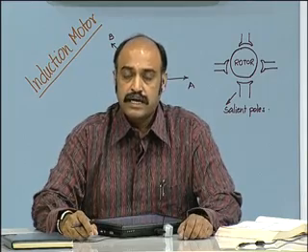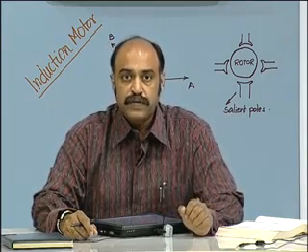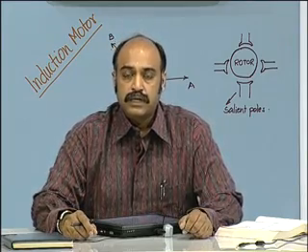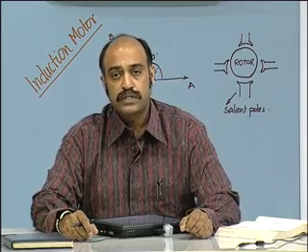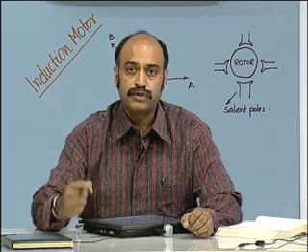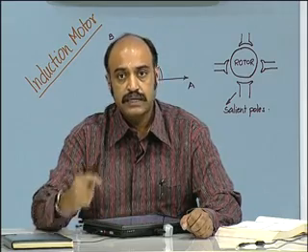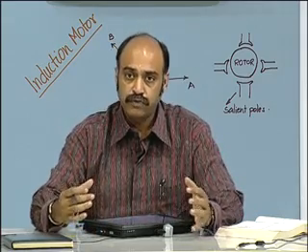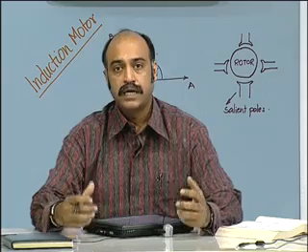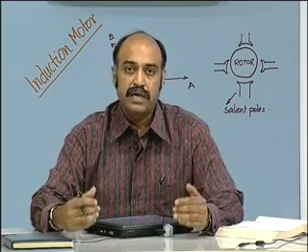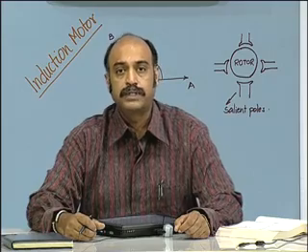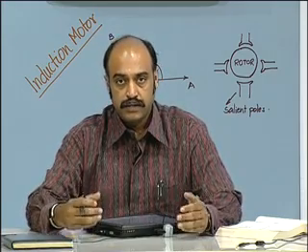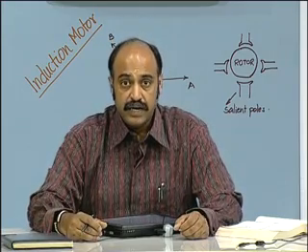And because there is a current in the rotor conductors and there is a field in the machine, by virtue of the Lorentz law, that is force is equal to BIL, there is a force induced on the rotor conductors, and the accumulated force on all the rotor conductors creates a torque, which makes the rotor move. So this is how we get the mechanical motion. We will look into the details of that much later.